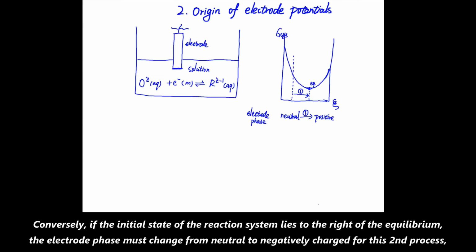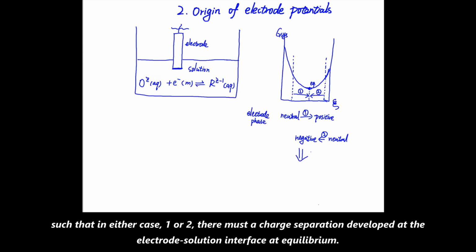And conversely, if the initial state of the reaction system lies to the right of the equilibrium, the electrode phase must change from neutral to negatively charged for this second process, such that in either case, 1 or 2, there must be a charge separation developed at the electrode solution interface at equilibrium.